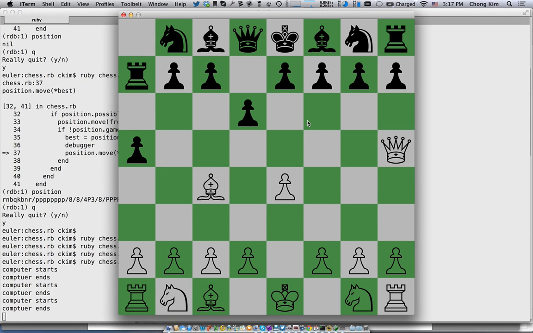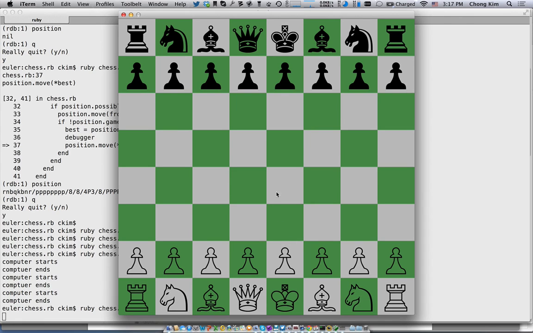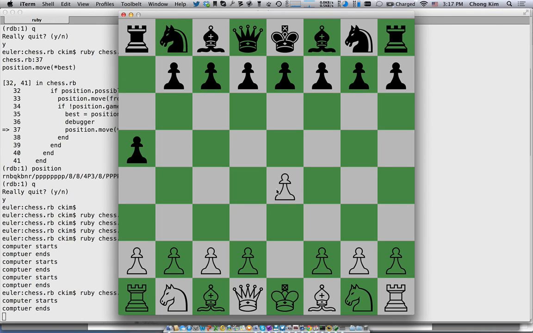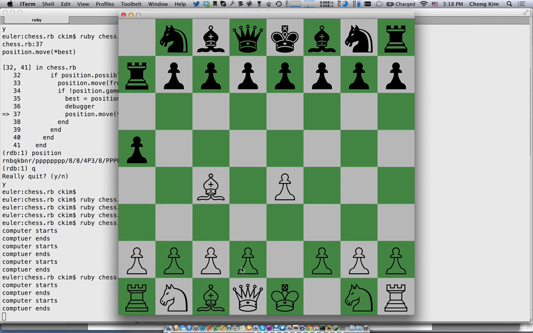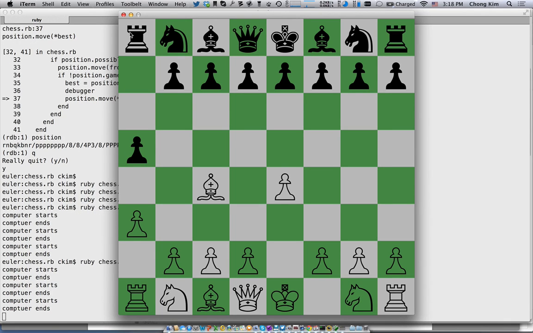Now I'm going to try a different move order and see if it tries to avoid checkmate again. Because if it does, then doing that one level deep search does help. So I'm going to change this around, and now I'm just going to make an arbitrary move and see what moves it makes. It just moves the rook back. So I think it is okay.